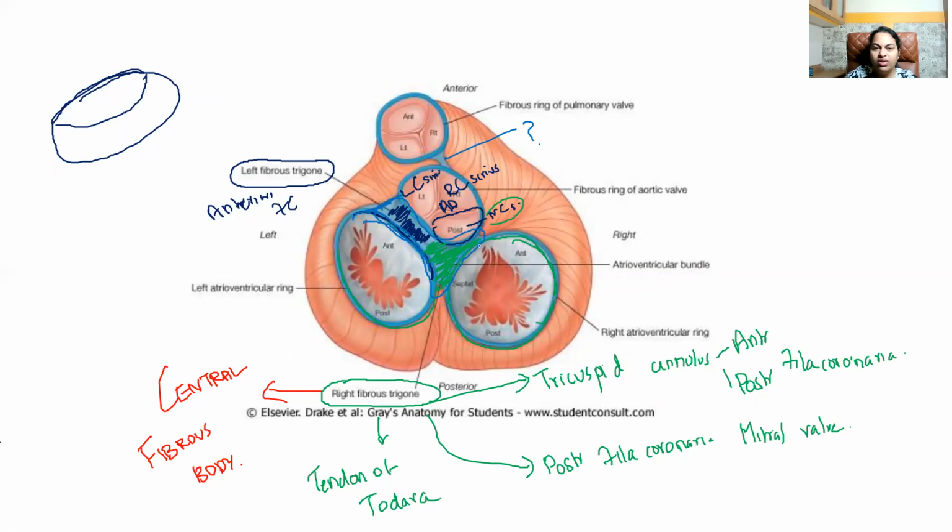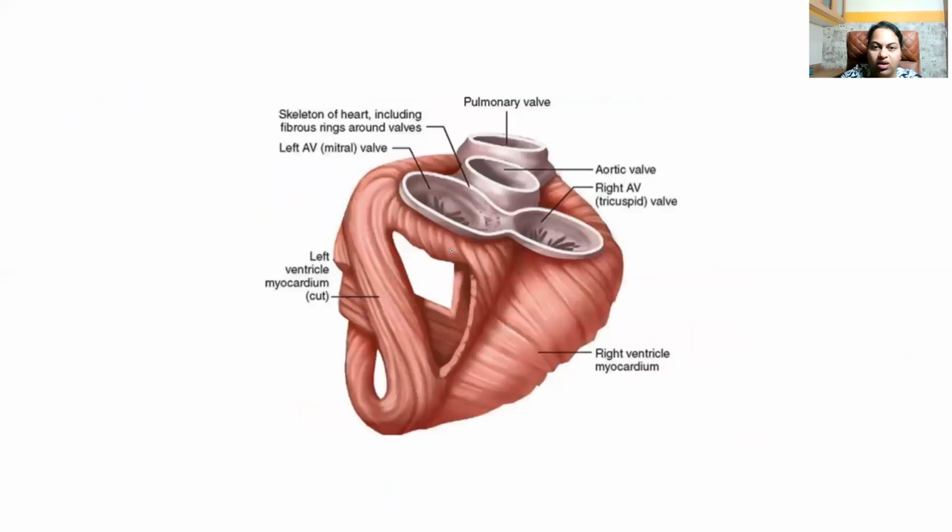The right fibrous trigone, in relation to the non-coronary aortic sinus or the right posterior aortic sinus, gives attachment to the anterior and posterior fila coronaria of the tricuspid annulus. In addition, the posterior fila coronaria of the mitral annulus plus the tendon of Todaro. Hence, the right fibrous trigone is aptly called the central fibrous body.